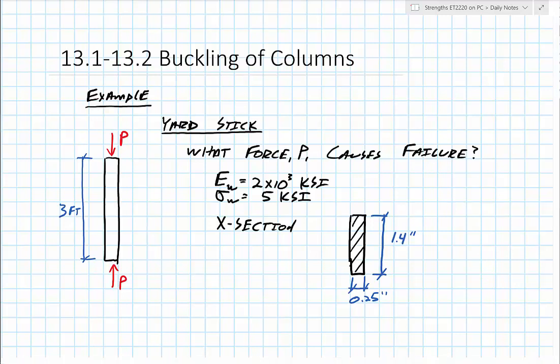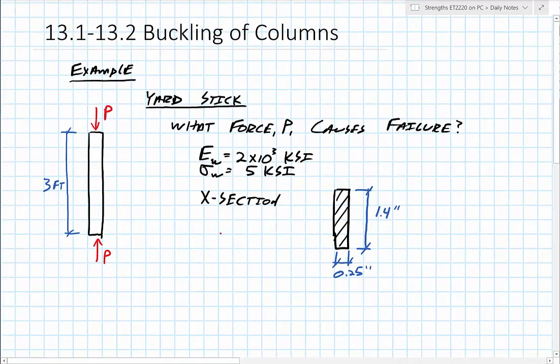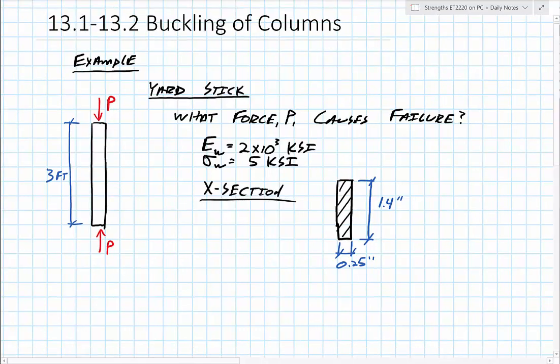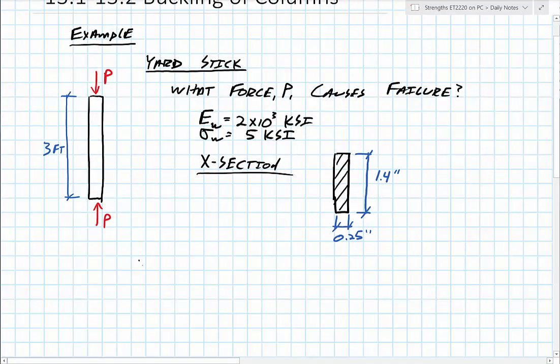This yardstick has a cross section of 1.4 inches by a quarter inch. And what we know to this point is if we have something in compression, we've already talked about that equation, our stress, sigma, is equal to P over A. Well, we have an allowable stress for wood of 5 ksi, meaning if we go above 5 ksi, we would have failure.